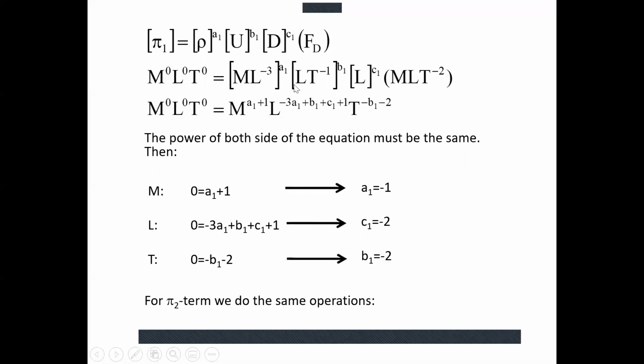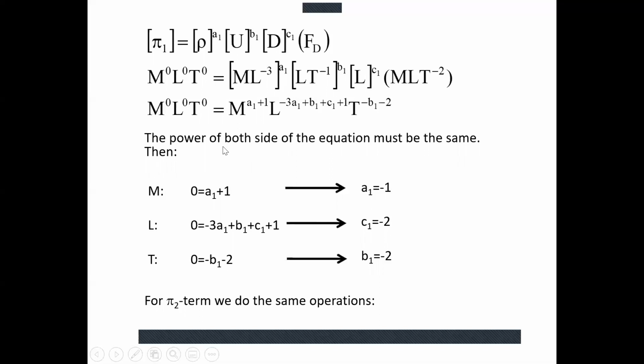Dimension of velocity, L times T to the power minus 1, to the power b1. And dimension of diameter, L to the power c1, multiplied by dimension of Fd, M L over T to the power minus 2.